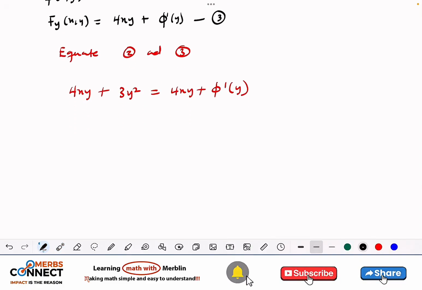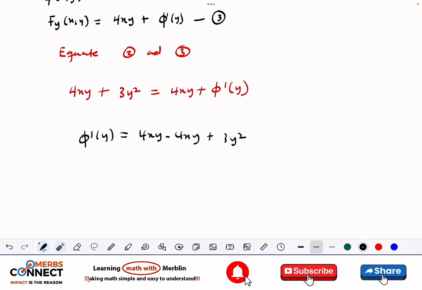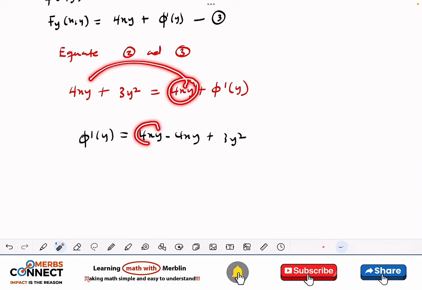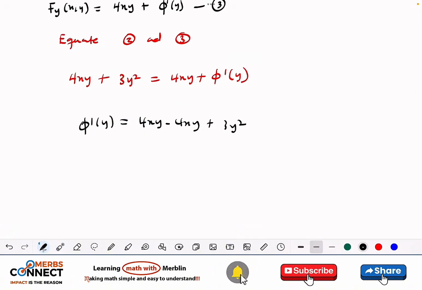You know that phi prime of y is the same as 4xy minus 4xy plus 3y squared. So I move this to this side, it becomes minus. So 4xy minus this plus that. It means that phi prime of y is equal to 3y squared.